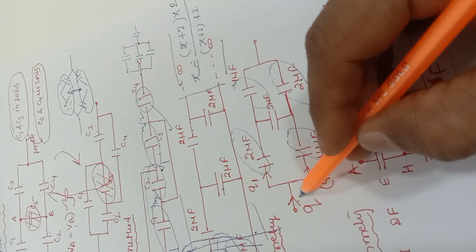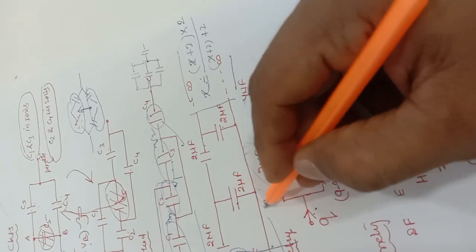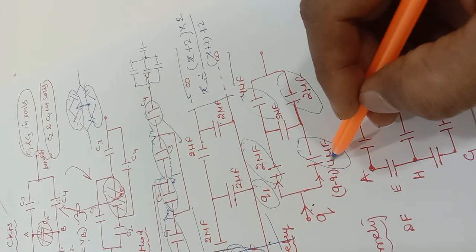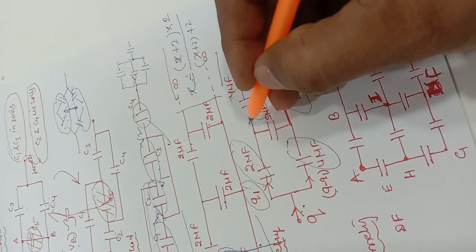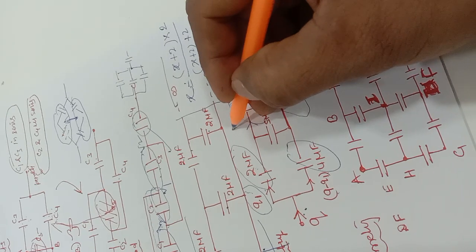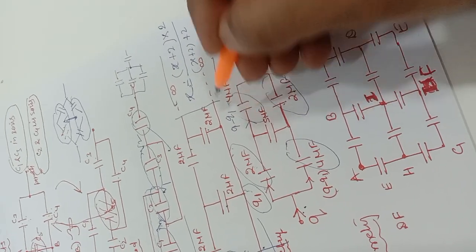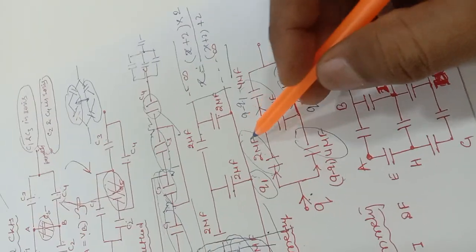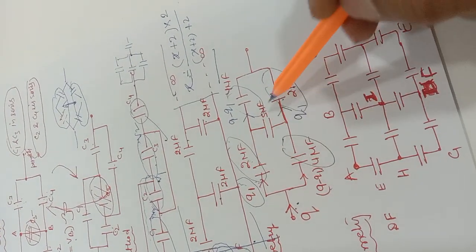Let's say Q1 flows here, so Q minus Q1 flows in the other. The same capacitor carries the same charge, so Q minus Q1 will flow here, and Q1 here. I repeat, same capacitor, same charge.